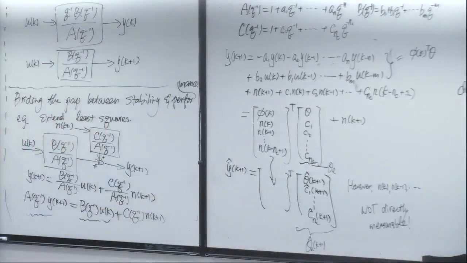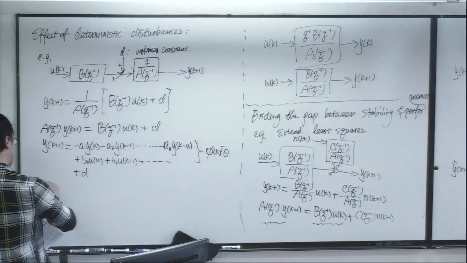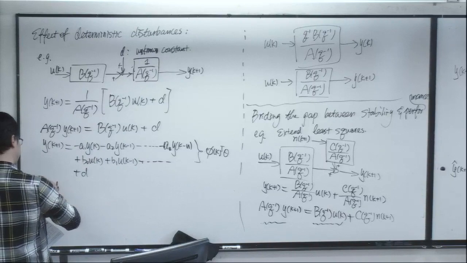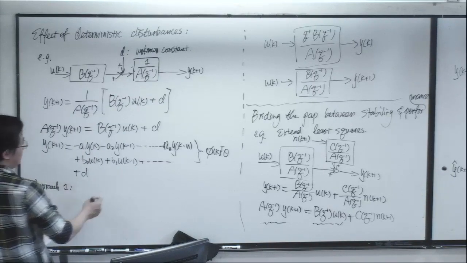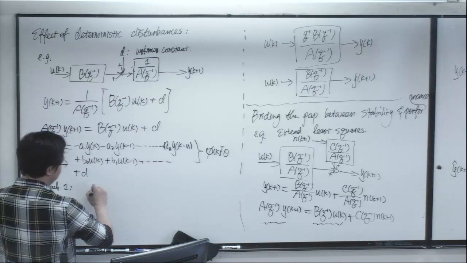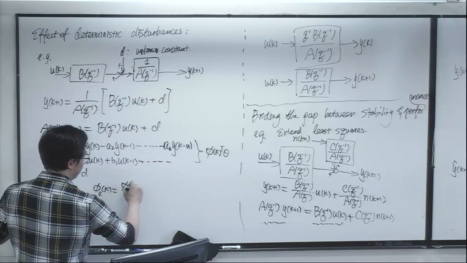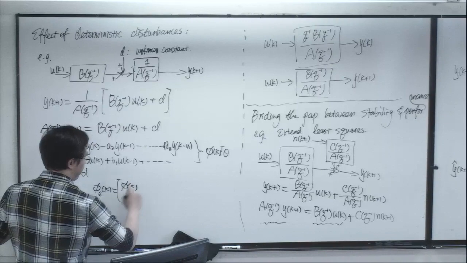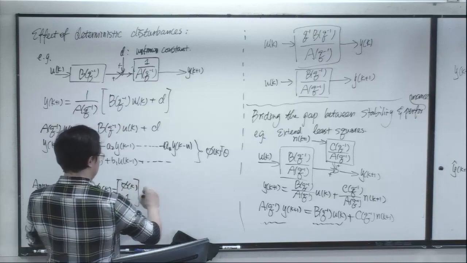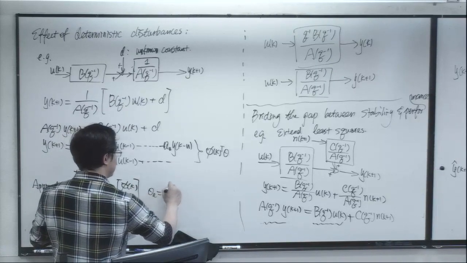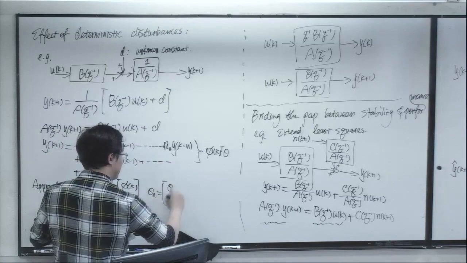All right, so approach 1 is I'm going to define phi e to be phi and then 1, and then theta e to be theta and d.